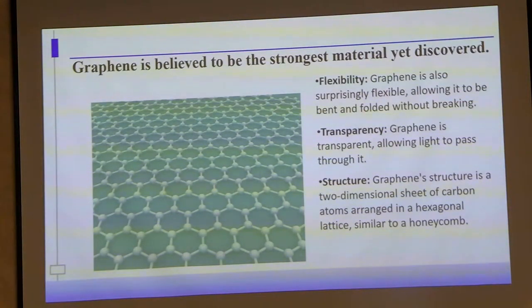The second, carbon nanotube is definitely very strong, but graphene is considered the strongest material yet discovered. It is very flexible, it has transparency, and it is a two-dimensional sheet of individual carbon atoms arranged in a hexagonal lattice, similar to a honeycomb.